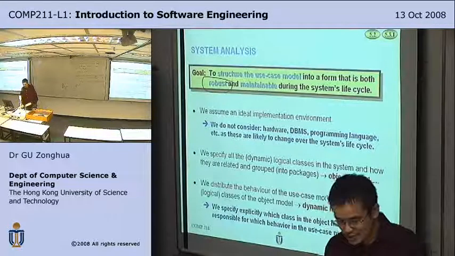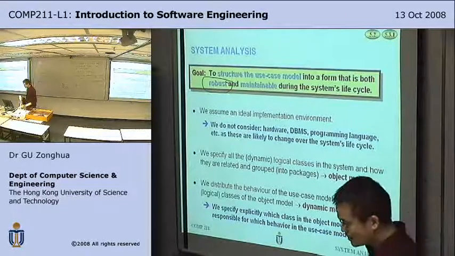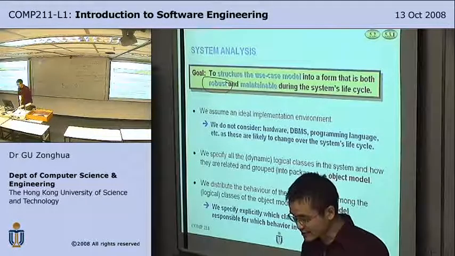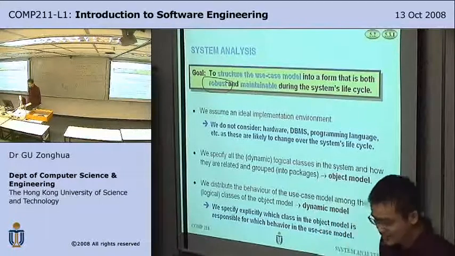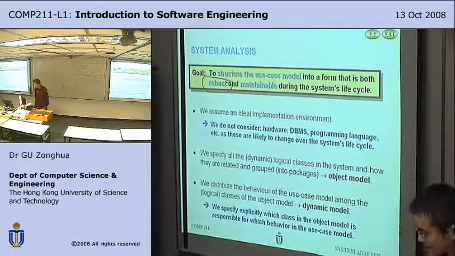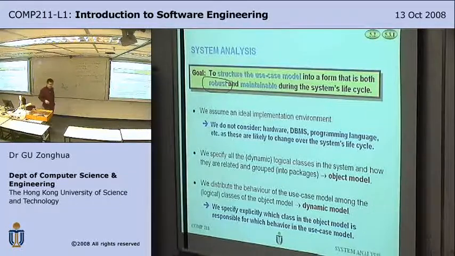We distribute the behavior of the use case model among the logical classes of the object model. So it's called a dynamic model. The use case model has a behavior as specified in the flow of events.